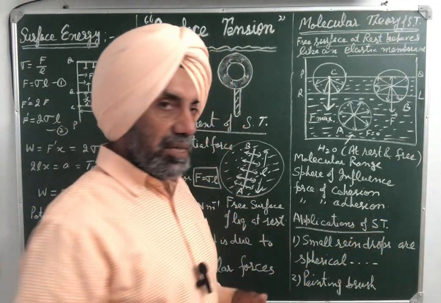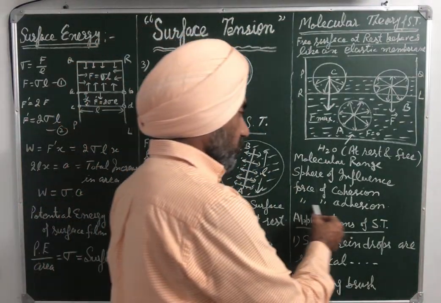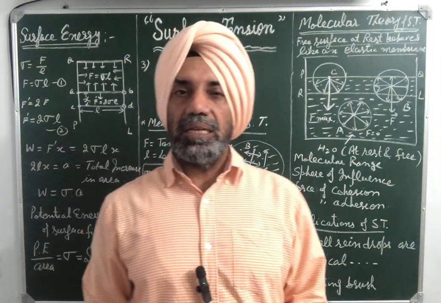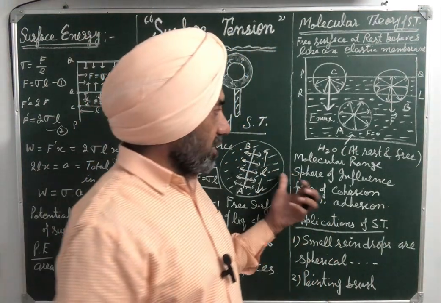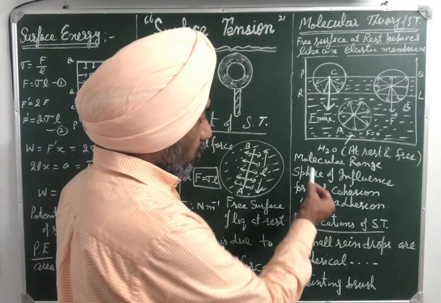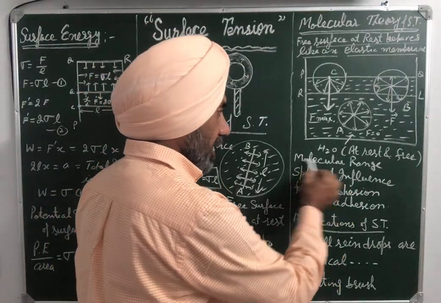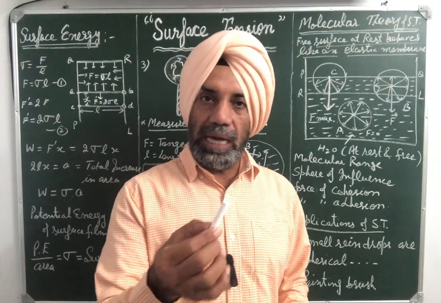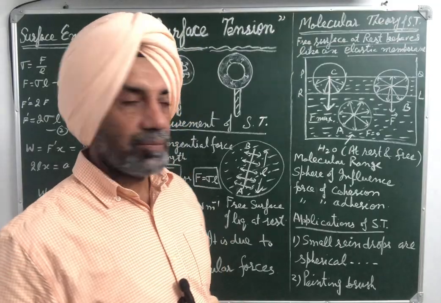Force of cohesion means force between similar molecules like water molecules, and force of adhesion means force between dissimilar molecules, like force between glass and water molecules, force between chalk and board. We can write on the board with the help of chalk due to force of adhesion.